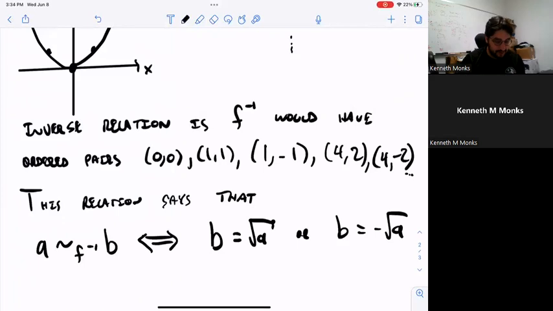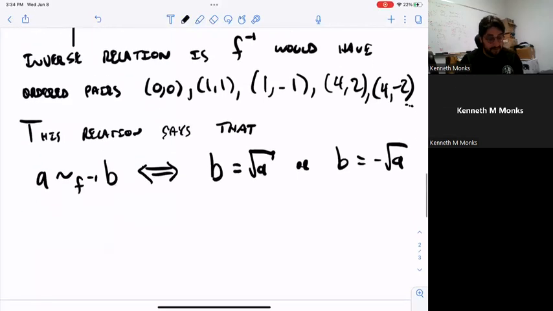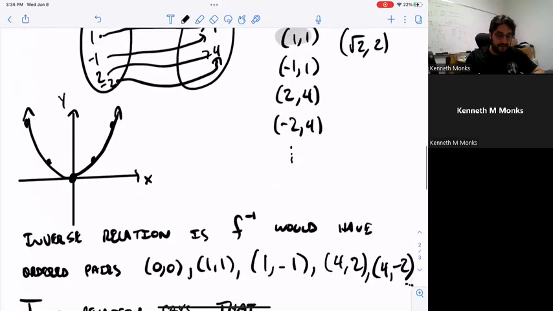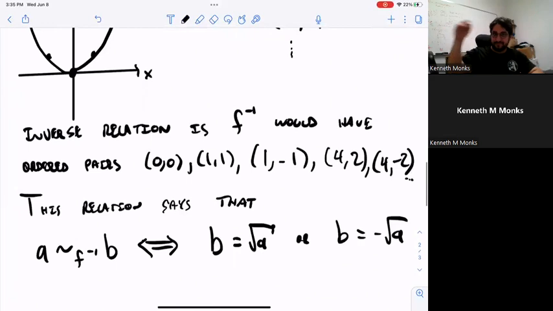So this is our description of this relation F inverse. If we want to describe this relation directly, this is how we would have to describe these ordered pairs. First I listed ordered pairs from up above, but now I'm getting a general description of these new ordered pairs.